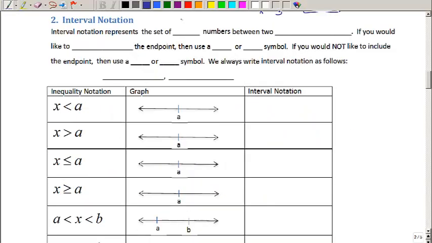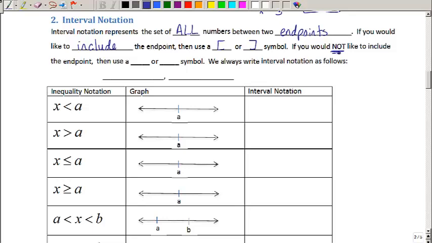Next we will look at interval notation. Interval notation represents the set of all numbers between two endpoints. If you would like to include the endpoint with your solution, then you need to use a bracket symbol.